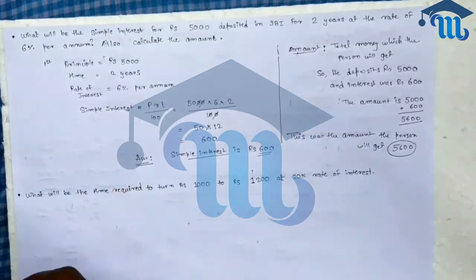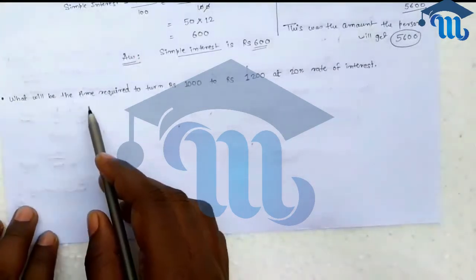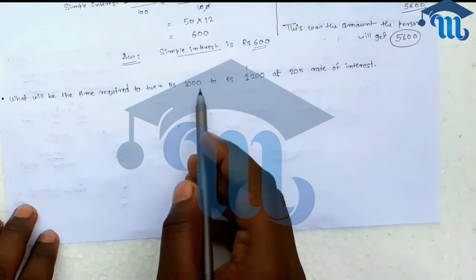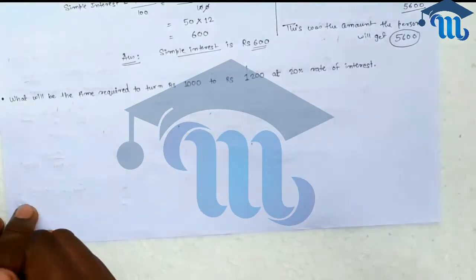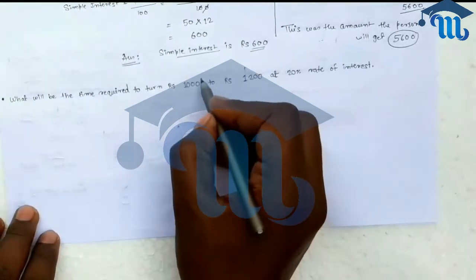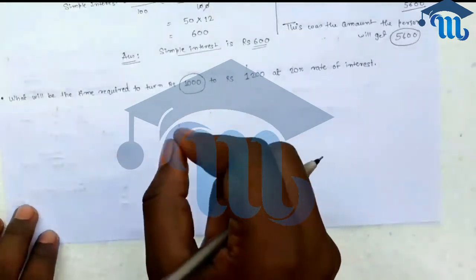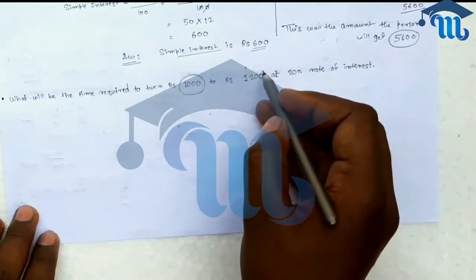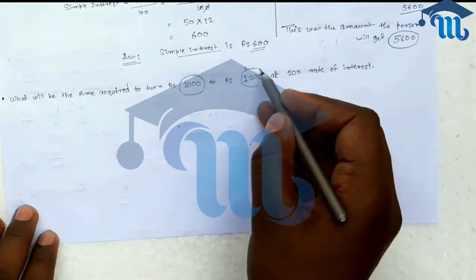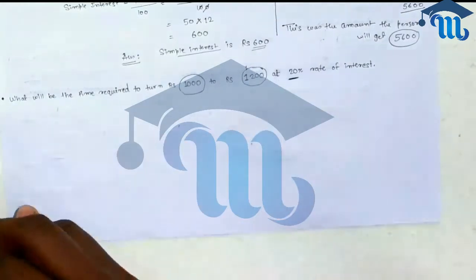Okay, now we will go through the next example. What will be the time required to turn rupees 1,000 to rupees 1,200 at 20% rate of interest? Here 1,000 is the principal, the money you will deposit in the bank, and the question asks when it will become 1,200 at the rate of interest which is 20%.